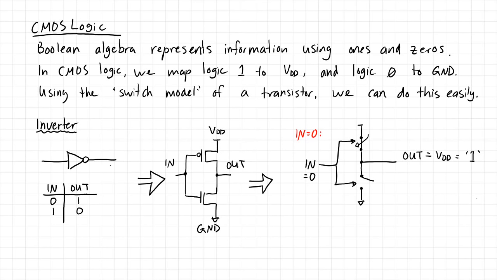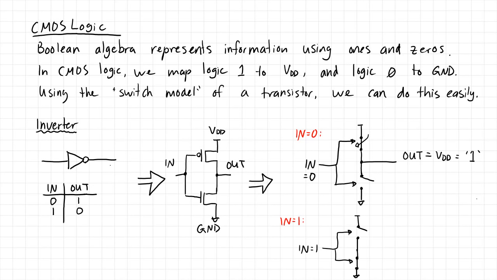Now similarly, when input is equal to logic 1, we get the following circuit model. In this case, the PMOS device is open. The NMOS device is closed. I'm running a little bit out of room here. In equals 1. That's trying to activate these two gate devices. So again, when the gate of an NMOS device is high, or logic 1, then it is on, or in other words, its switch is closed.